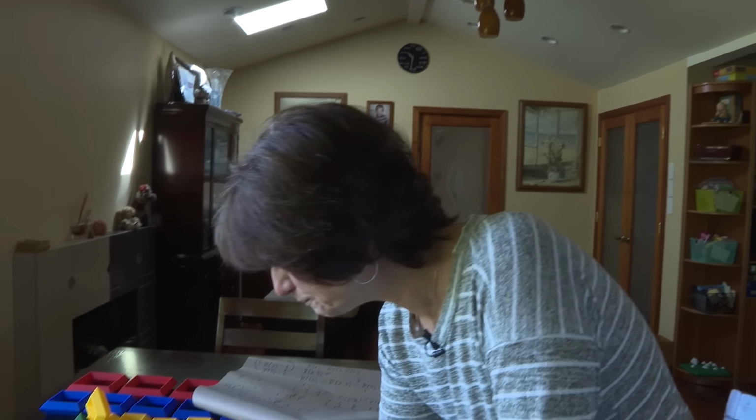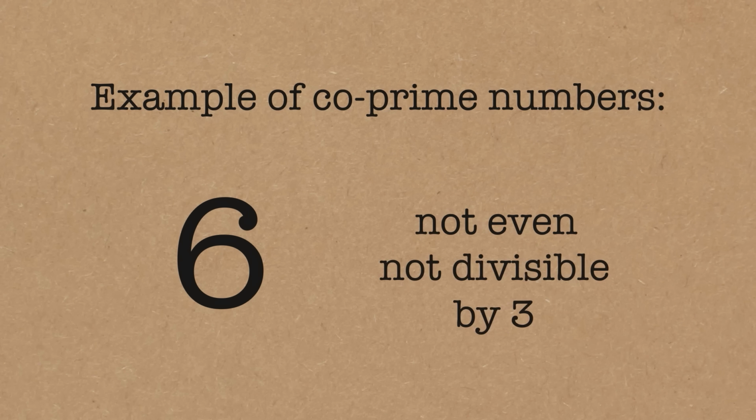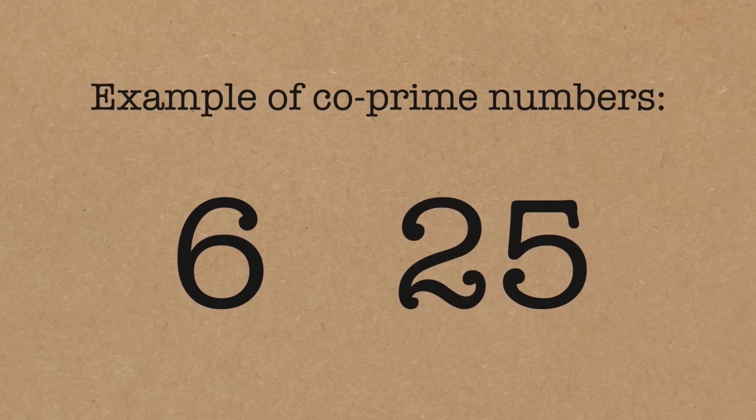Can you give me an example of 2 co-prime numbers, just so I've got it in my head? Oh, absolutely. Let's say 6, the other number shouldn't be even and it should not be divisible by 3. So how about 25? There you go. Those two numbers don't share a common divisor other than 1. So they are co-prime.